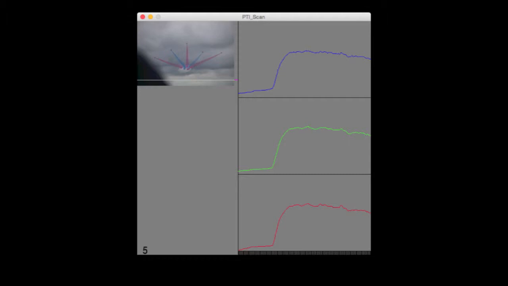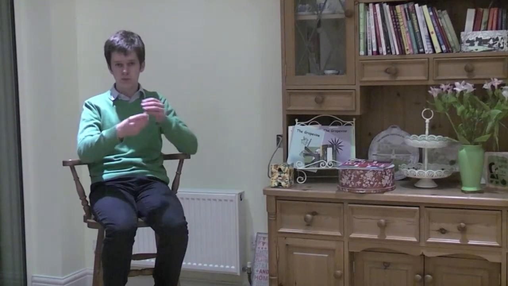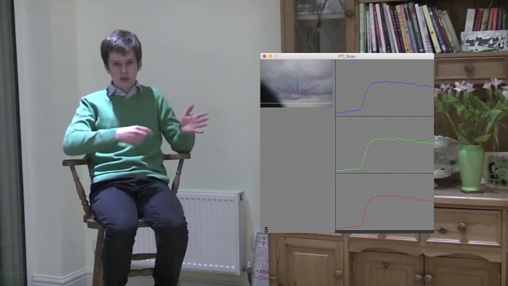And if you don't know, pictures can be represented by storing values of red, green and blue colour for each pixel, and combining these different values gives you different colours. So we can plot a graph.